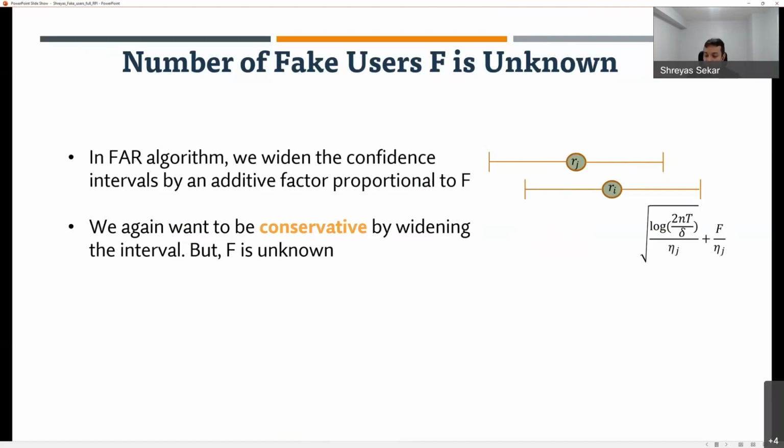Now, if I make my confidence intervals really small, sure, I could learn much faster, but if there are too many fake users, then I run the risk of not being conservative enough, which is going to completely trick my algorithm, leading to bad regret. So that is this natural trade-off. I want to be just the right amount of conservative, but I don't know how to do that when you don't know this factor f. So how do we go about achieving this?